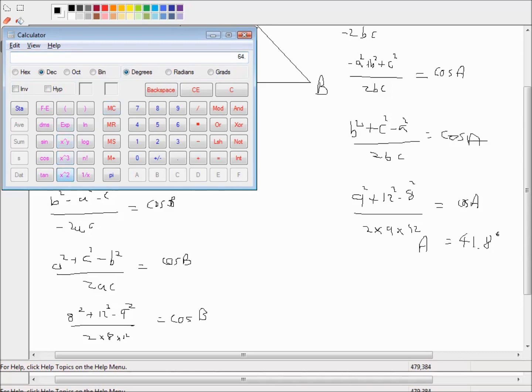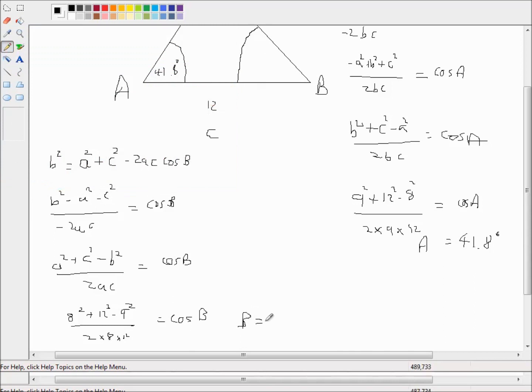So that's 8 squared plus 12 squared minus 9 squared, and then divide by, open brackets, 2 times 8 times 12, and that's equal to 0.614 whatever, and then take the inverse cosine, and that's 48.6 degrees. So B is equal to 48.6 degrees.